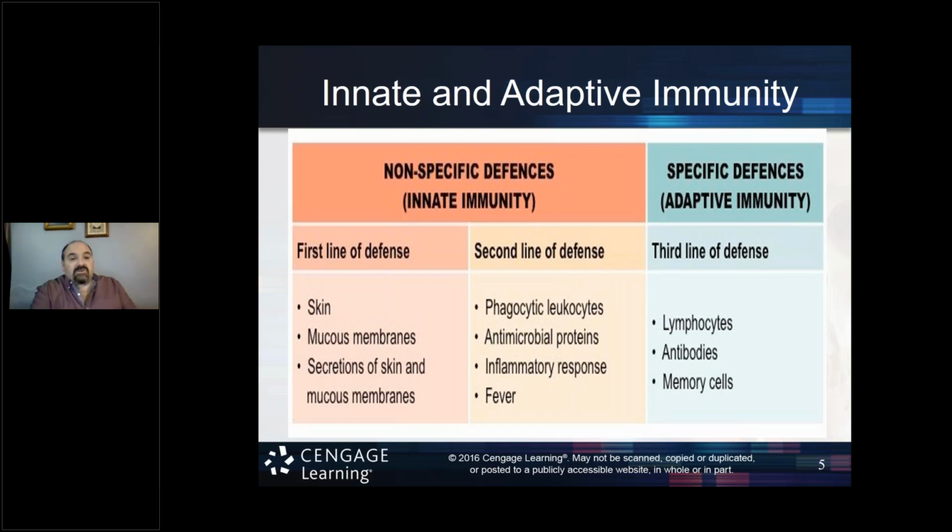There are secretions present on the skin that are slightly acidic, not very acidic, in order to combat the settling of our microbiome, which would be the microorganisms, the bacteria that live on our body and inside of our body. That's that community of microorganisms.